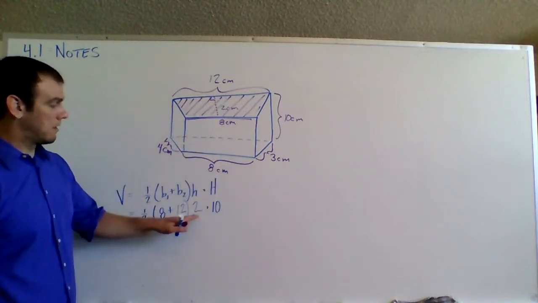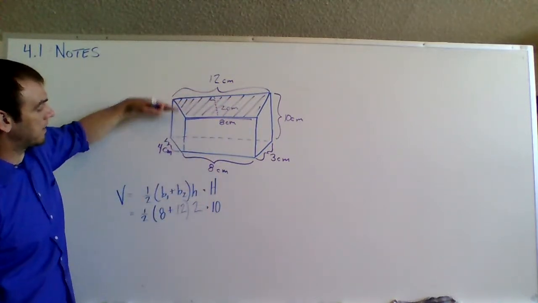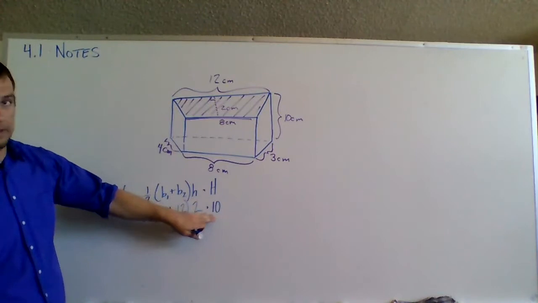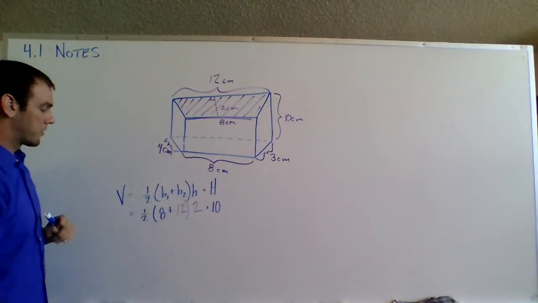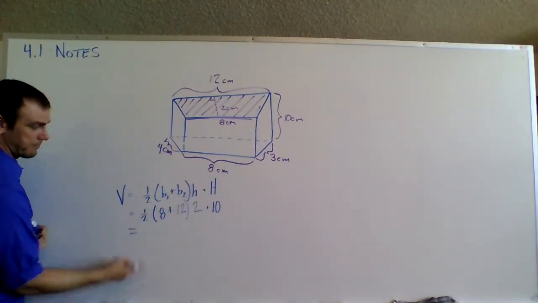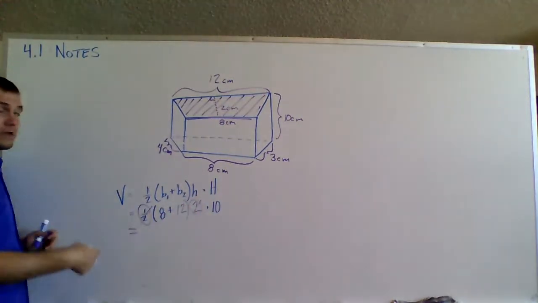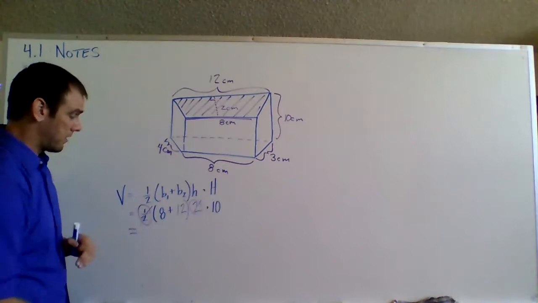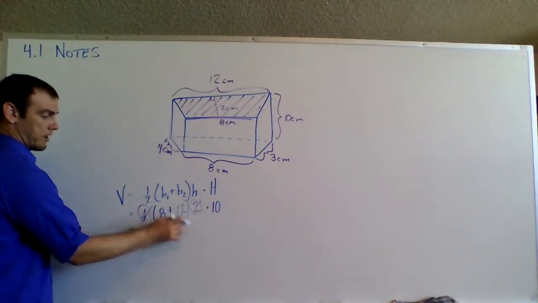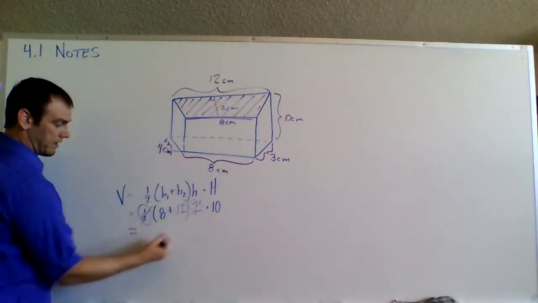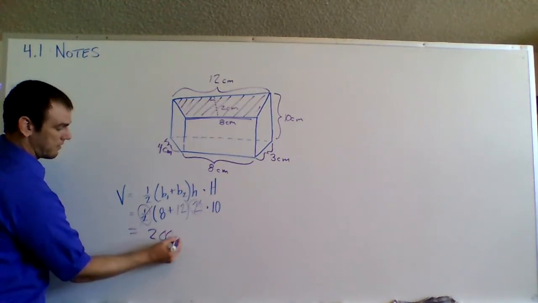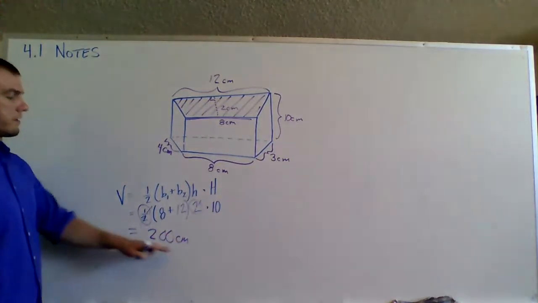I then am going to multiply it by the height of this prism, which is 10. So we can just figure out what all this is. My 1/2 and 2 are going to cancel. Once again, guys, you can just type this all into your calculator. 8 plus 12 is going to be 20 times 10, so it should be 200. That comes out nicely.